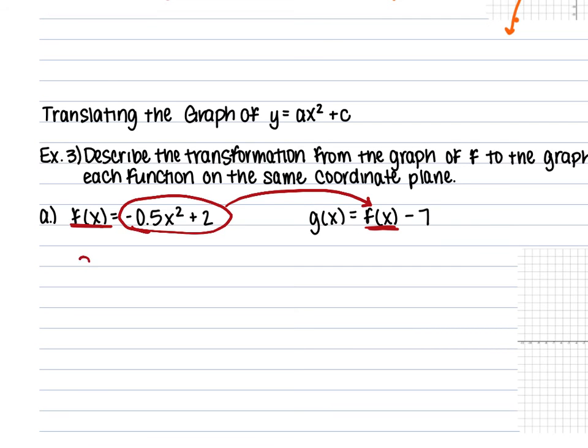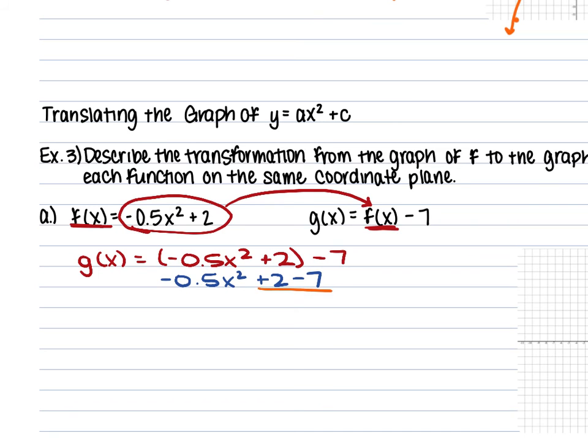So what does this mean? g of x is equal to f of x, which we said was negative 0.5x squared plus 2, minus 7. If we got rid of these parentheses, we'd have negative 0.5x squared plus 2 minus 7.